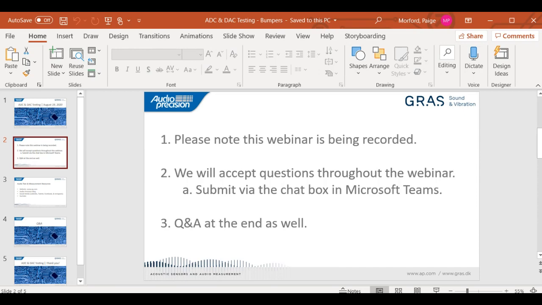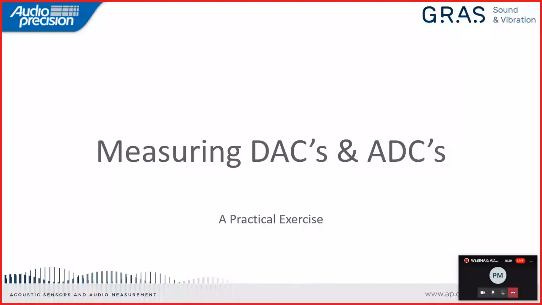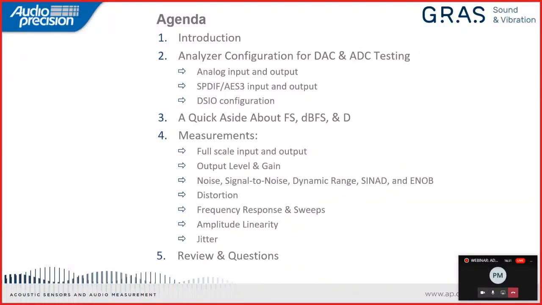All right, thank you, Paige. So my name's Dan. What we'll go through in the next hour or so is, I'll say, the basics of testing digital to analog and analog to digital converters. We'll talk a little bit about the physical input and output configuration of the analyzer in relationship to the device we're testing.